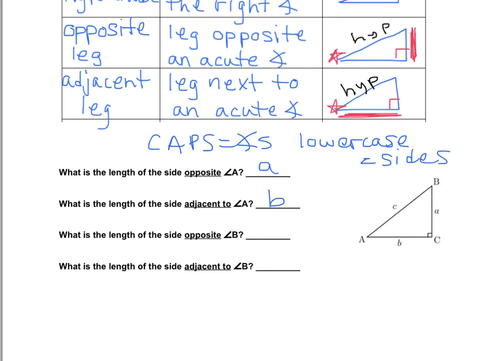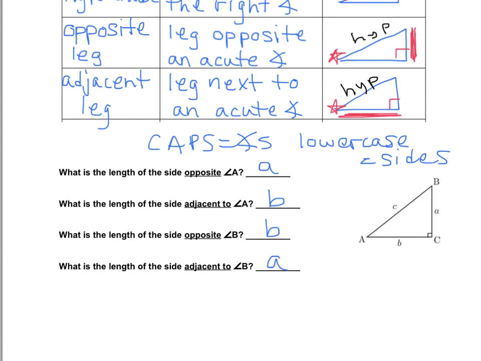Then we're going to switch gears, and now I'm going to sit myself up here at angle B. So what is the length of the side that's opposite angle B? Opposite angle B would be right here, and that is going to be little b. And then the length of the side that is adjacent to angle B, and here's angle B, and the side that is right next to it is going to be side lowercase a.